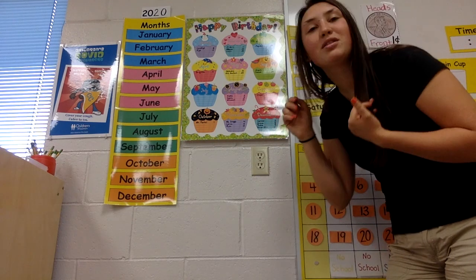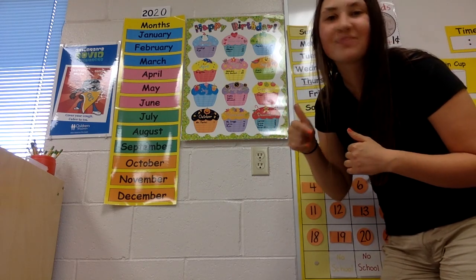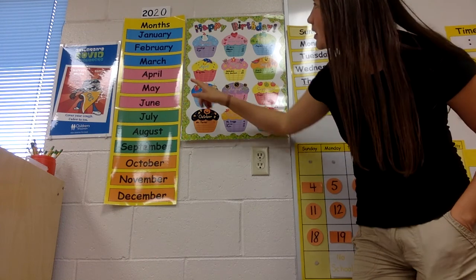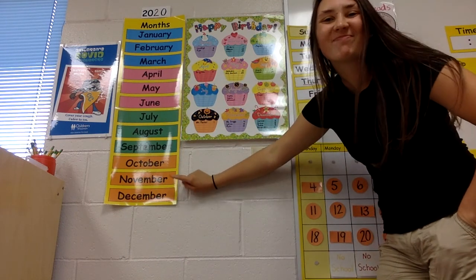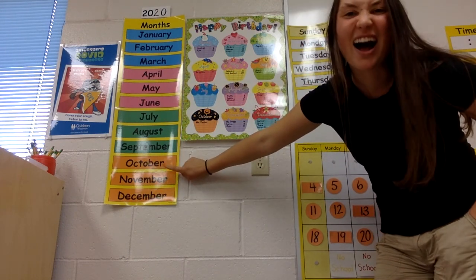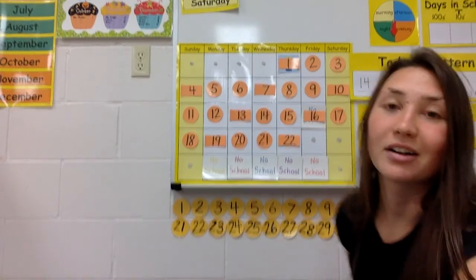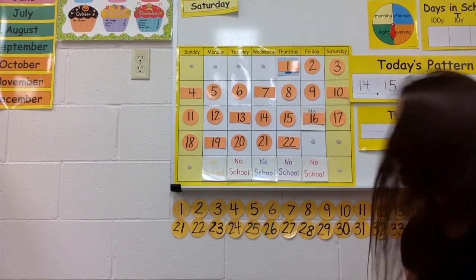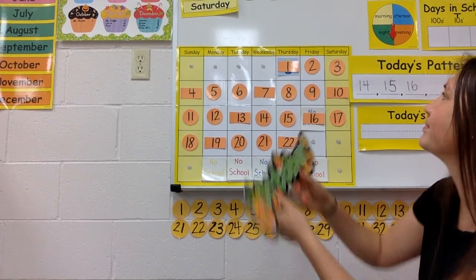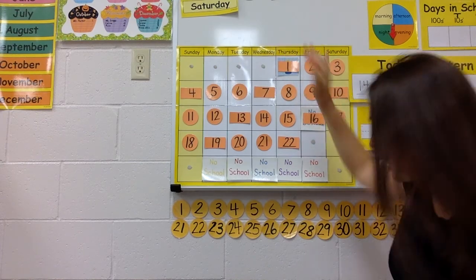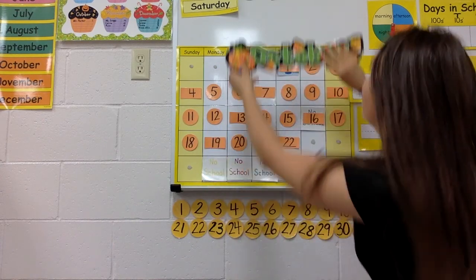And what month are we in right now? What month are we in? October, right? Let's look at what day in October. Let's take a look at our calendar. And it was the October that fell down earlier. We're in October. It keeps falling.